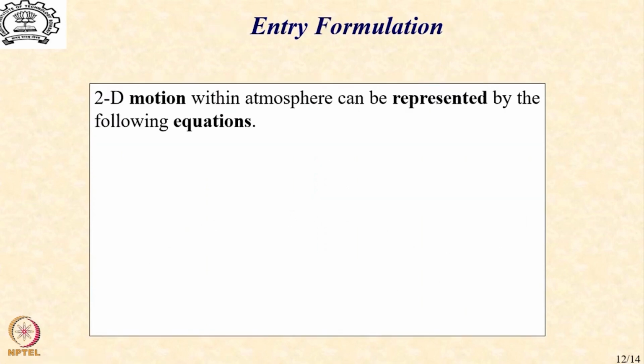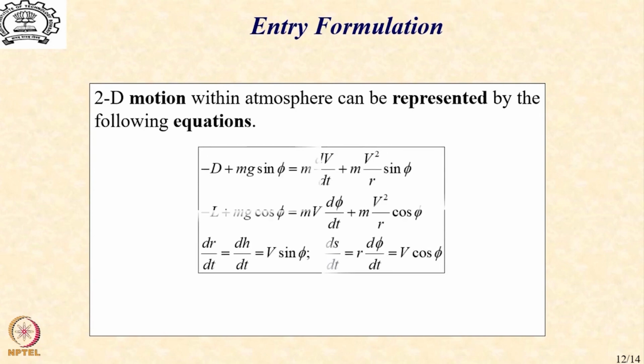Now we have done enough modeling of two-dimensional motion in the atmosphere, so we simply recall those equations, but we will see that there are certain differences. So as you can see, we have the drag term, which is now opposite to the velocity direction.